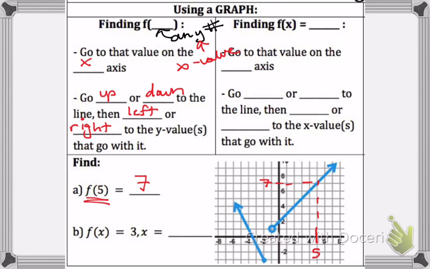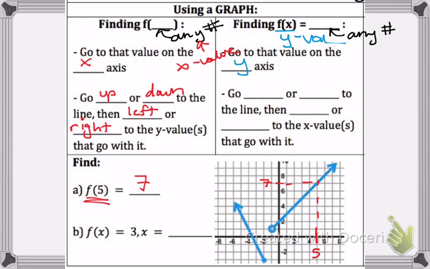Now, if I want to find f of x equals some number, any number can be in here. f of x equals some number means we're going to go to that value on the y-axis because this is basically a y, where over here this is an x value.